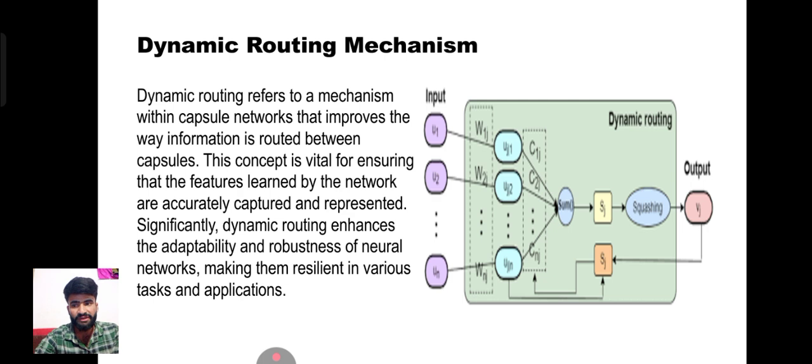Based on agreement between capsules, it aims to ensure the information is sent along the right path based on the input and the spatial relationship of features. Dynamic nature: routing occurs during the training process and adapts to the data.